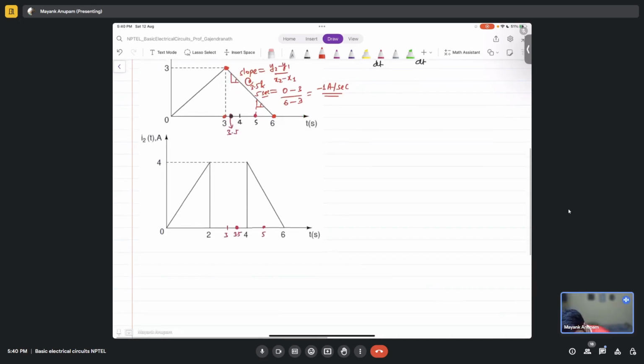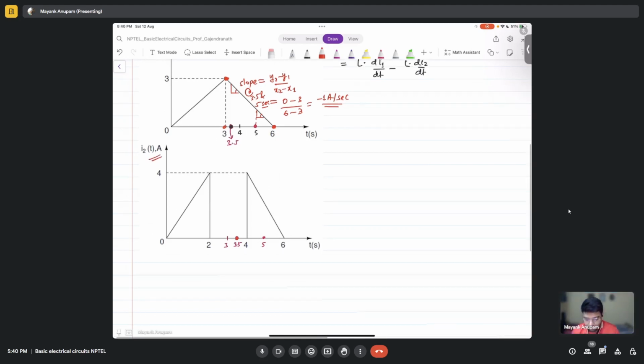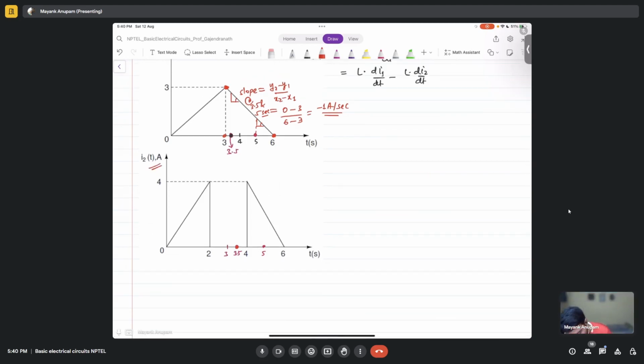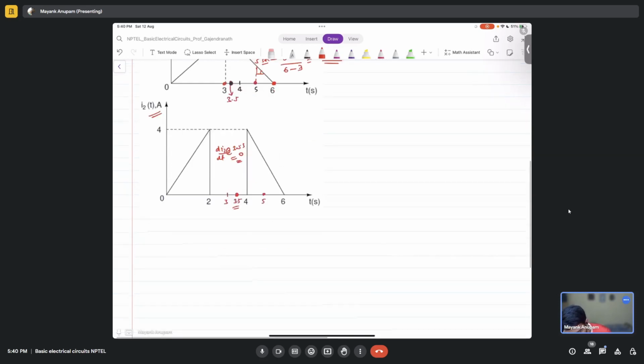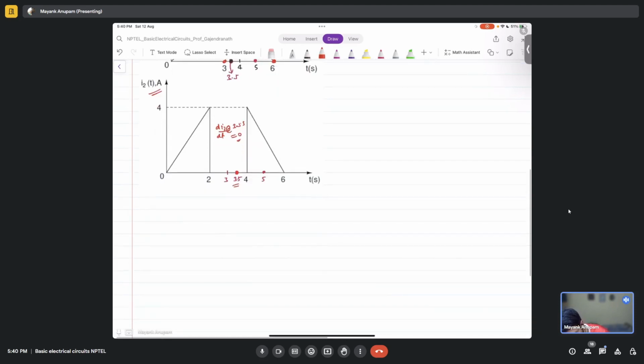Now tell me what will be the slope at 3.5 seconds for this particular I2 of t. What will be di2 by dt at 3.5 seconds? 0. Correct. So di2 by dt at 3.5 seconds is 0. Fine. Now what is di2 by dt at 5 seconds?